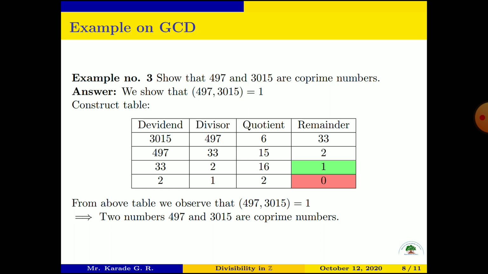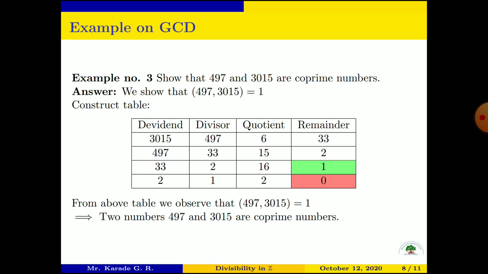We know the definition of co-prime: two integers are said to be co-prime if their GCD is equal to 1. So in this example also we show that the GCD of the given two numbers is 1.